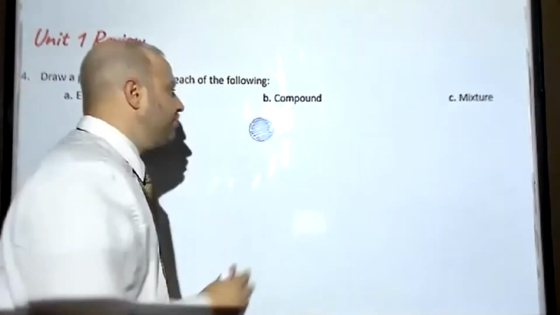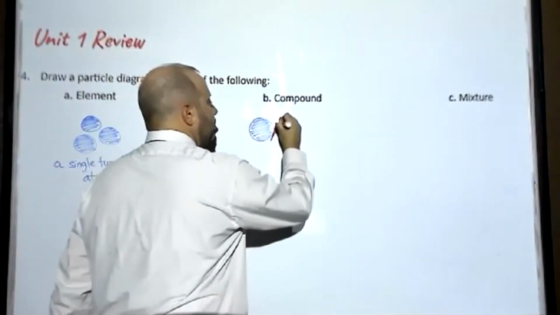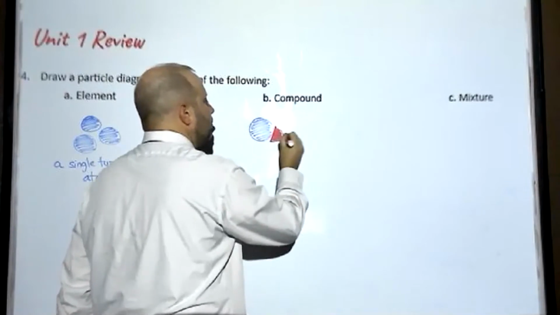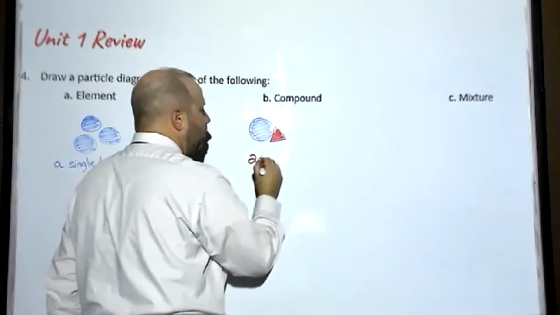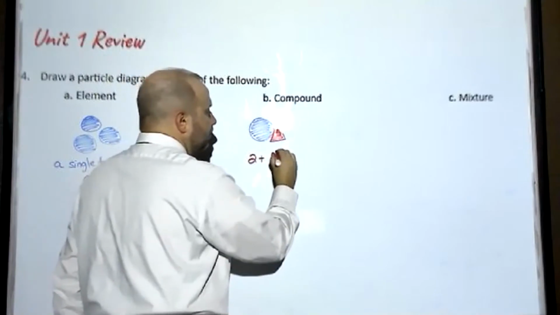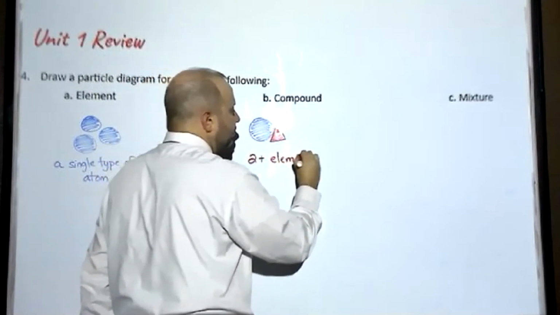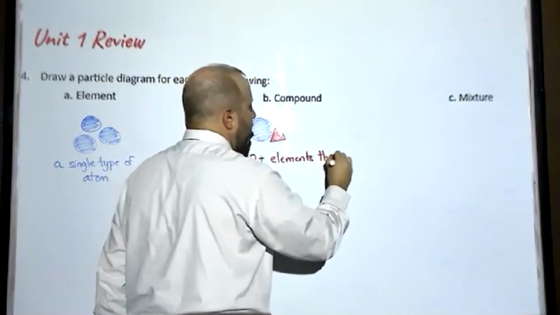If we have a compound, we have two or more elements that are bonded together.